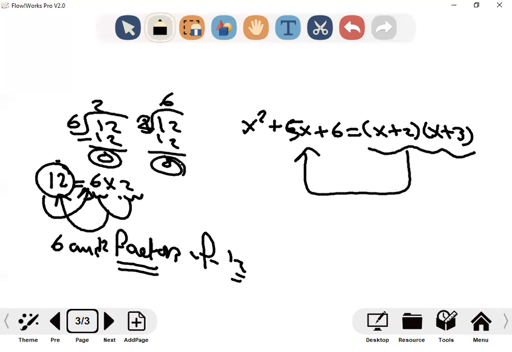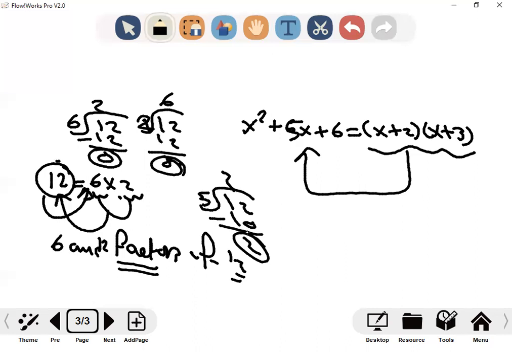But is 5 a factor of 12? No, because if you divide 12 by 5, you get 2; 10, subtract, 2. You have a remainder. You don't have 0 remainder, right? So to know if this is a factor of this or not, make division. If the remainder is 0, then we call it a factor. If the remainder is not 0, then it is not a factor.